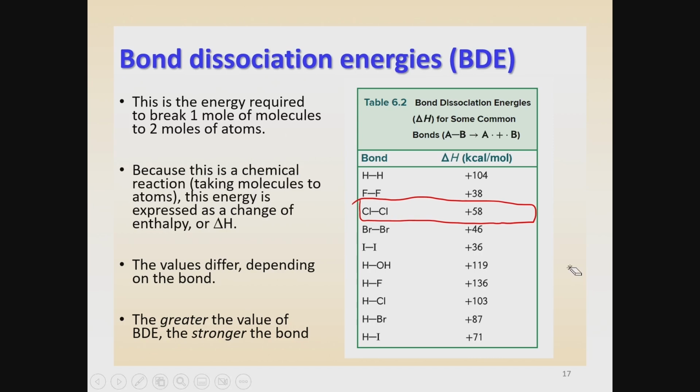When you see this energy here, this is the energy needed to break the bond and release these individual atoms of chlorine. It'll take 58 kilocalories of energy per 1 mole of the diatomic chlorine molecule.